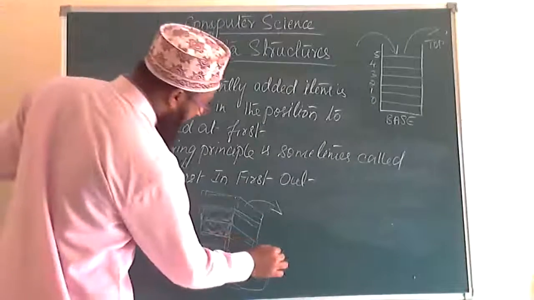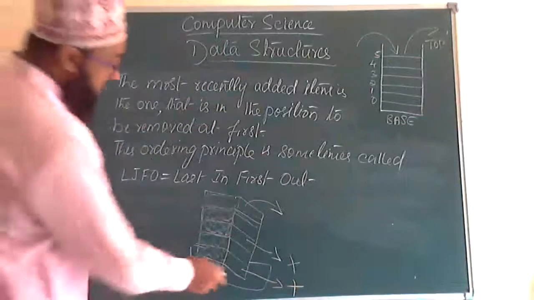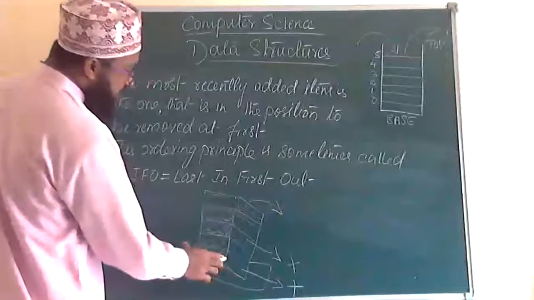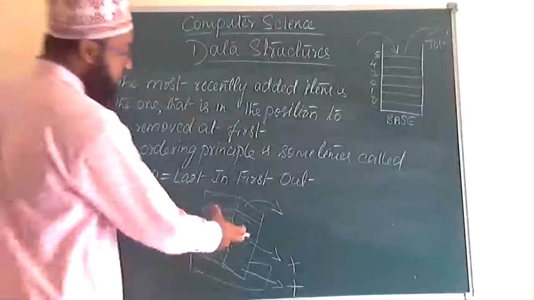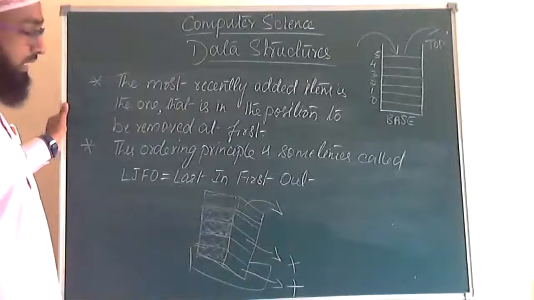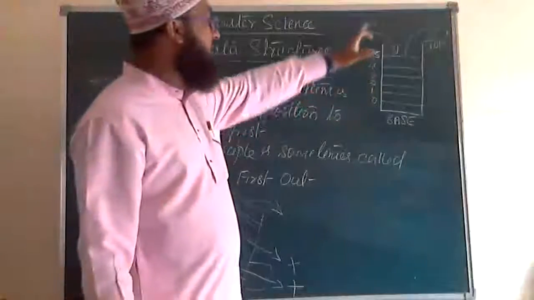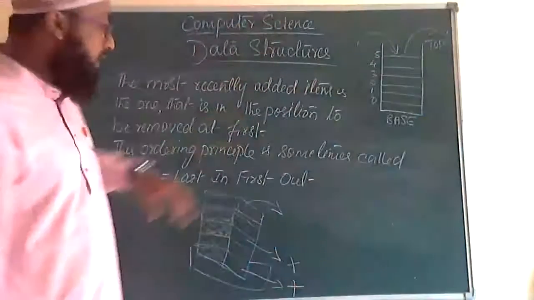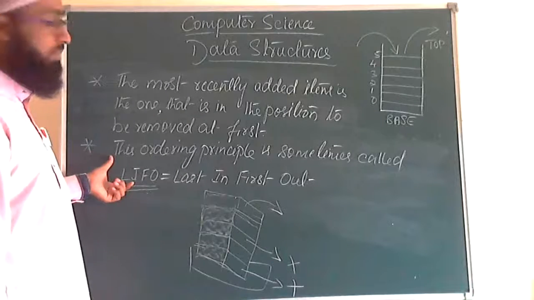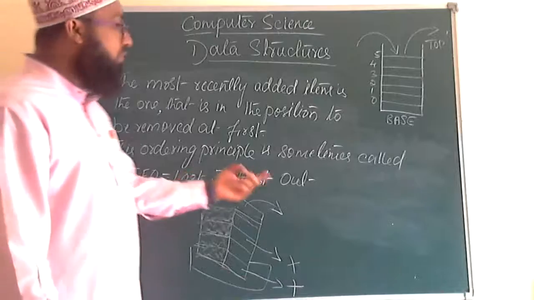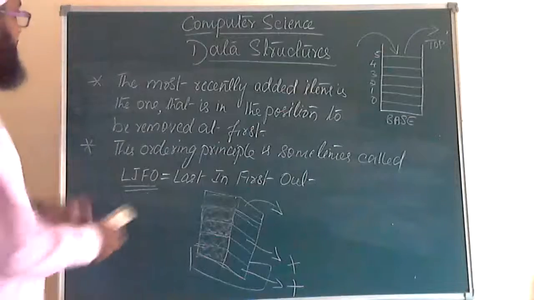If you want to remove from the middle or from the bottom, it is not possible. If you remove a book from the bottom, the pile of books will fall down. Removing from the middle is also not possible. Here, the book which is inserted last should be removed first. The same thing in the stack: the item which is inserted last should be removed first. So basically, stack operates on the LIFO principle, that is last in, first out. Hope you have understood the definition of the stack.